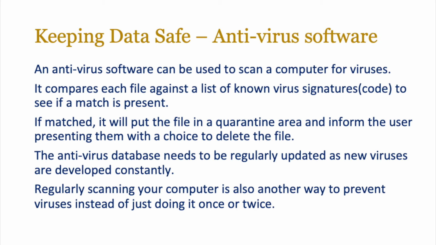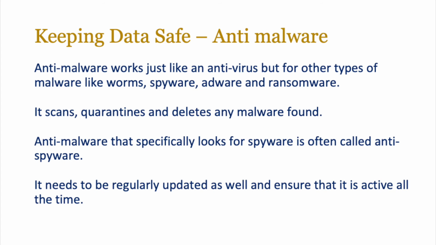attacking your system. So make sure you know that it scans, it detects, it quarantines, it has to be regularly updated, and that you have to have regular scanning instead of just scanning once or twice. You need to make sure that you're doing it perhaps on a weekly basis. Antivirus is a type of anti-malware software, and any kind of anti-malware software works just like an antivirus, but they work for other types of malware like worms, spyware, adware, and ransomware. So it scans, detects, quarantines, and deletes any type of malware.